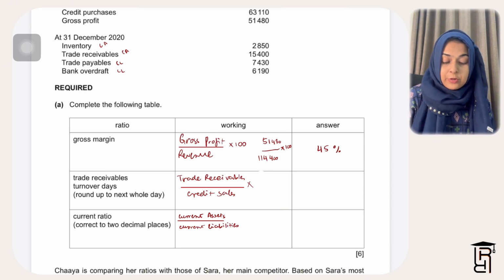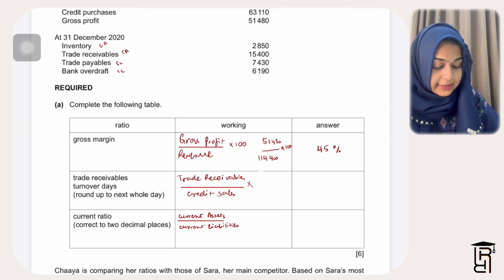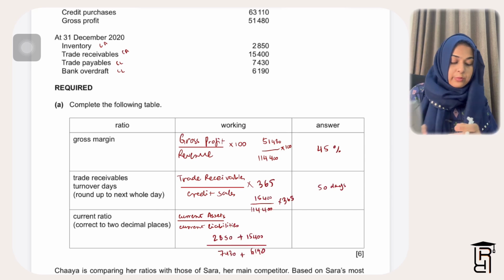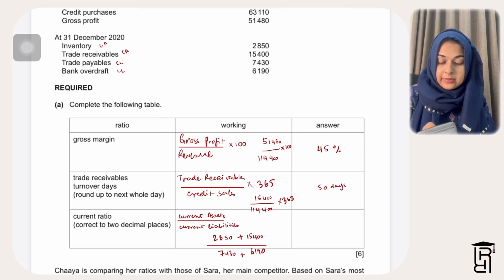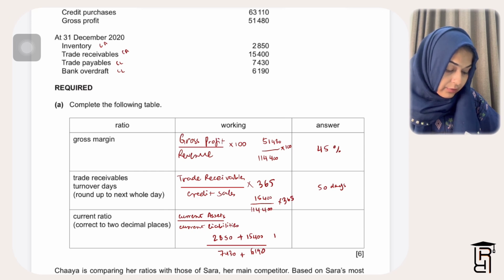In the next part, you need to calculate the current ratio. Current ratio is simply current assets divided by current liabilities. So you will write 2,850 plus 15,400 in the numerator, and in the denominator you will write 7,430 plus 6,190. When I take out the answer, 2,850 plus 15,400 will be 18,250.